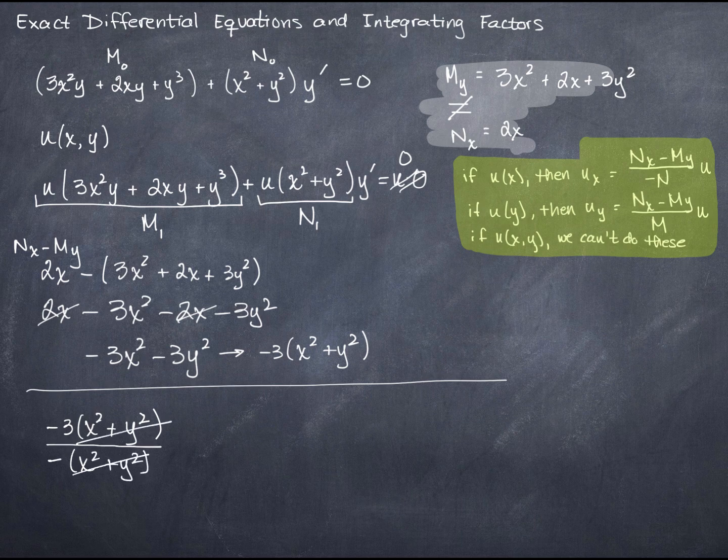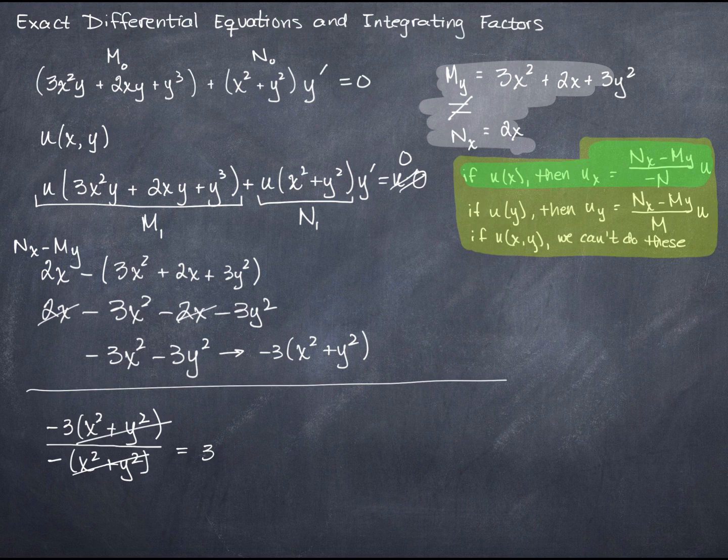So in this case, I have selected to assume that u is a function only of x, not a function only of y, which is the other option. And the reason for doing it that way is simply because it's convenient, right? This N is very much like the numerator once it's simplified. So this gives me 3.